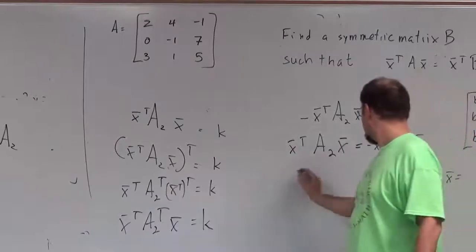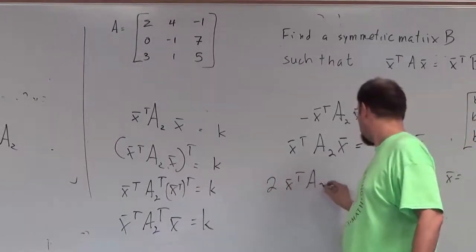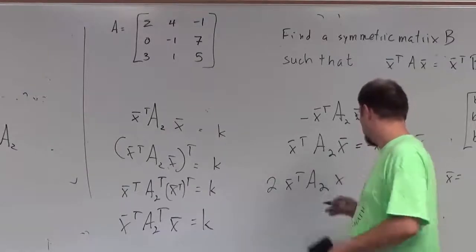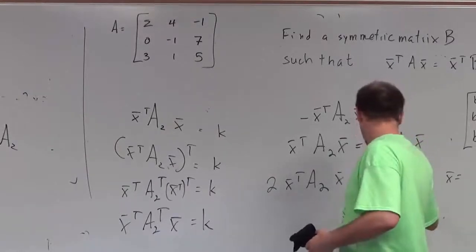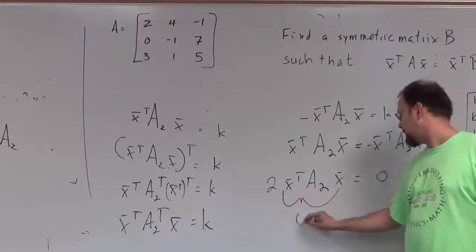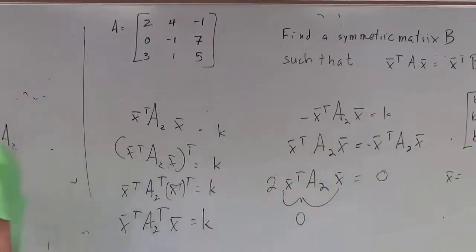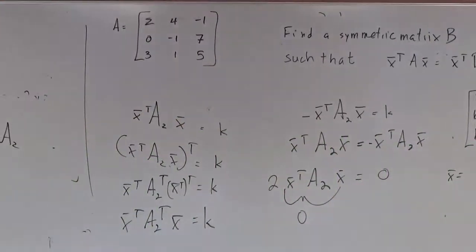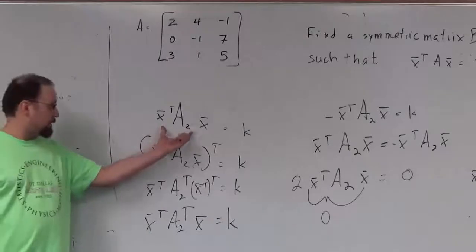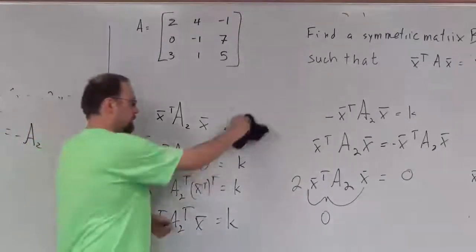I'll add this to both sides. This is a 0 number, so this itself must be 0. So as it turns out, using some theory, we see that the quadratic form where the matrix in the middle is skew symmetric always gives you 0.